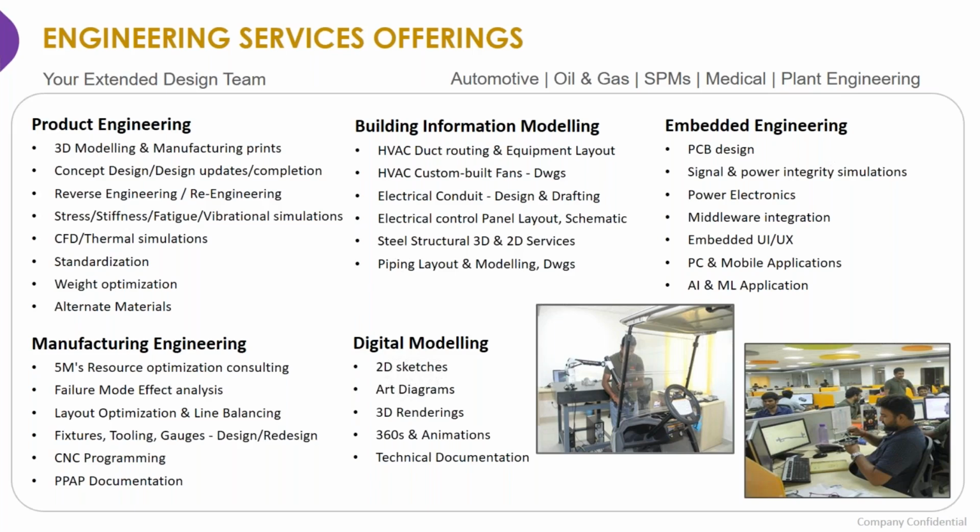I'll go one by one, starting with product engineering. What comes under this is 2D drawing, 3D modeling, data migration, and legacy conversions, as well as validating your design by performing FEA simulations, which predict stiffness, fatigue, and vibrational resistance response. We also have the capability to perform thermal and flow simulations.